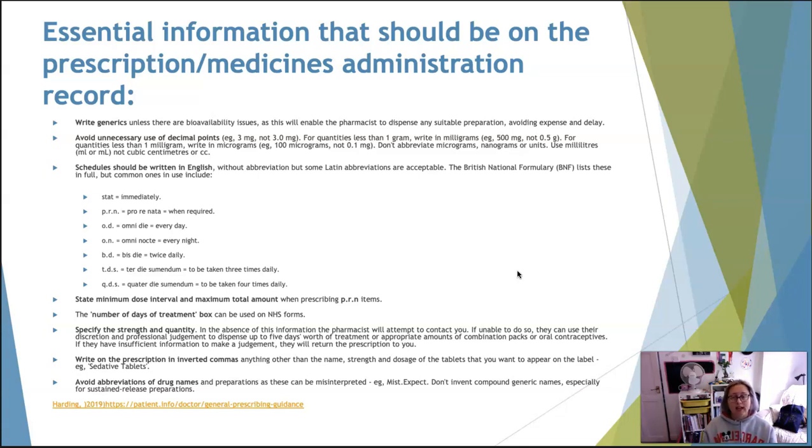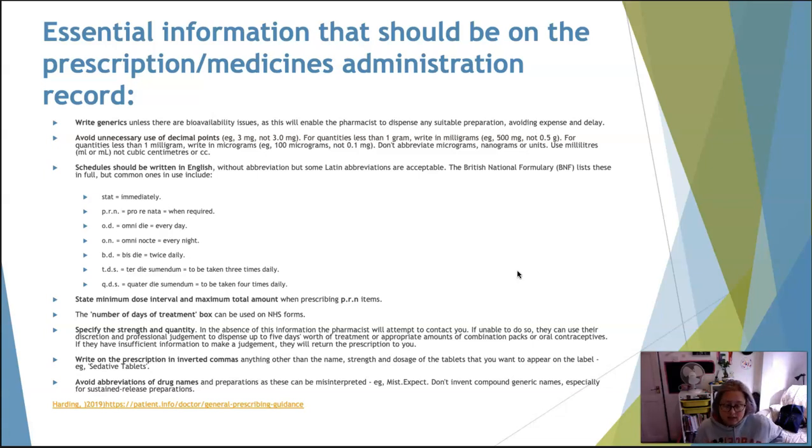And it's really key that if our patients have any issues with these things, the prescriber thinks about using specific names of medication if appropriate, compared to the generic name, which could mean that any version of that medication can be given. We should be avoiding any unnecessary use of decimal points. Again, it's really key that we write in the appropriate format.